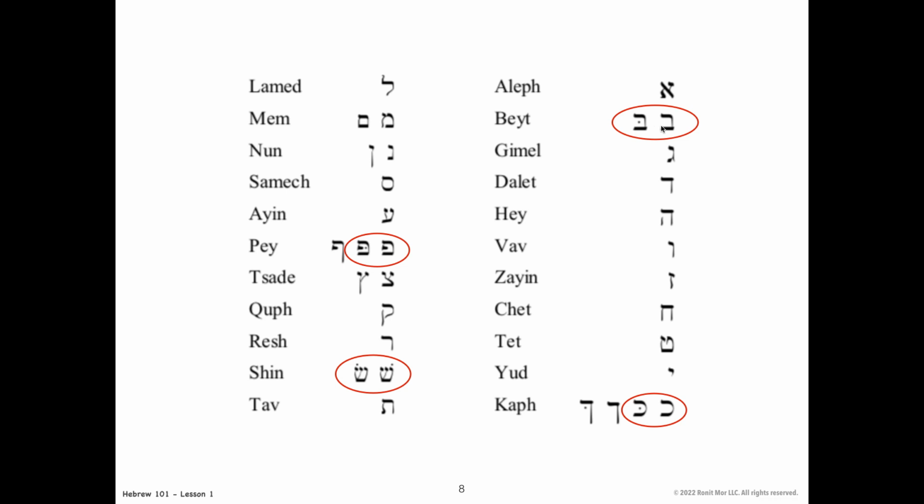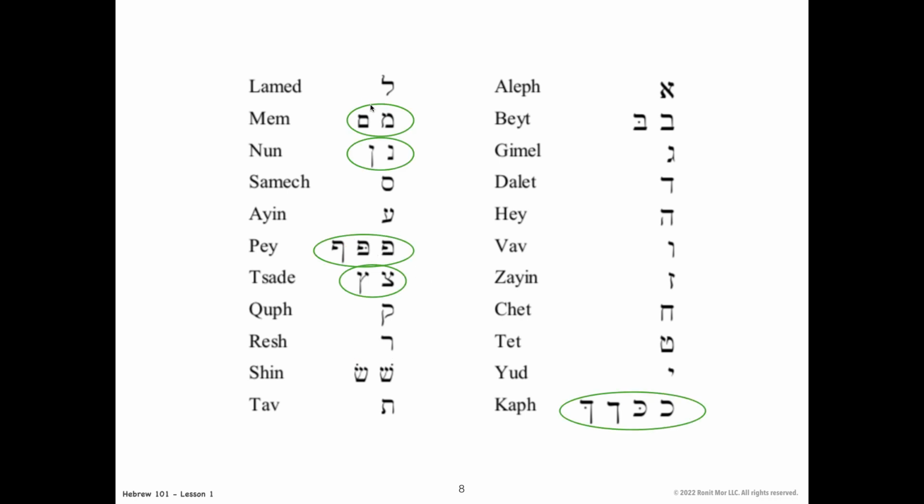For example, Bet can be Vet, Kaf can be Chaf, Shin can be Sin, and Pe can be Fe. Also, certain letters, 5 letters in Hebrew, have different forms when they fall at the end of a word.